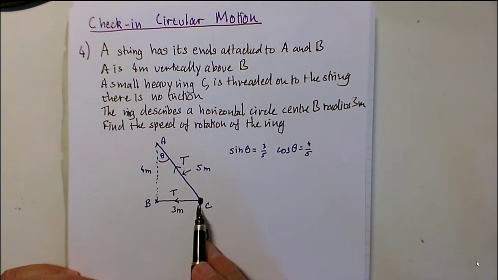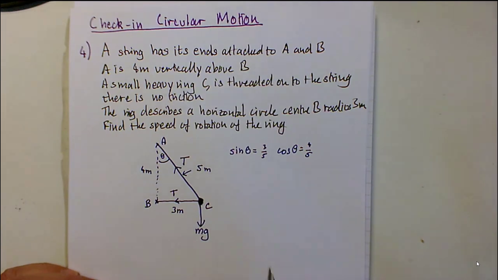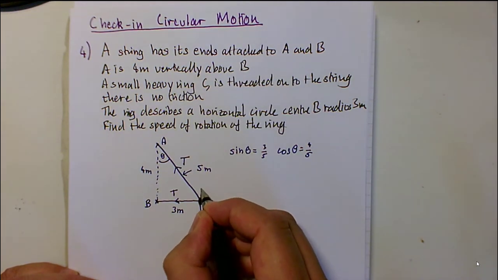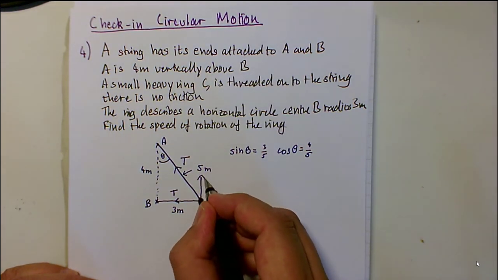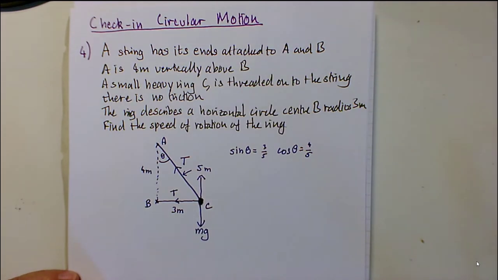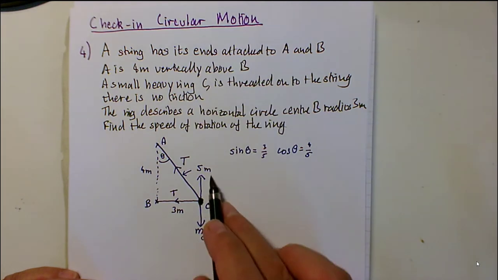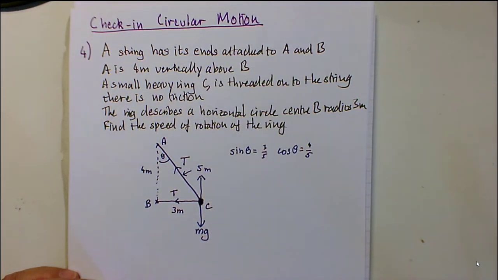What are the other forces acting on this object? Well, I suppose I must have some upward force there. What is delivering this vertically upward force? Well, the only thing I've got to deliver any vertical force other than this weight is this piece of string here.